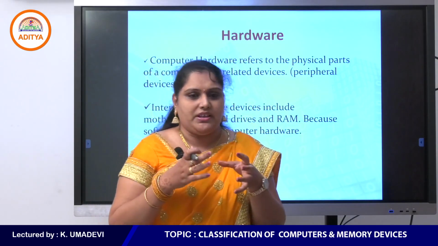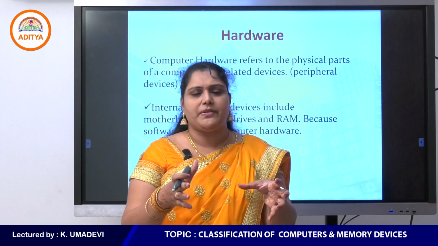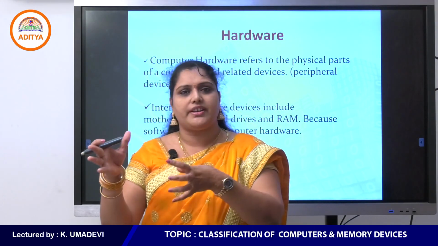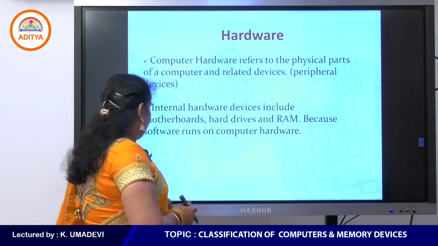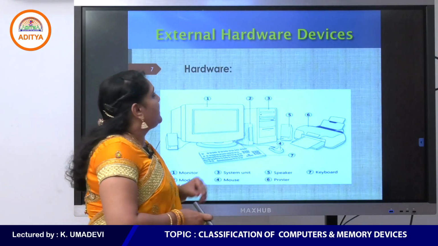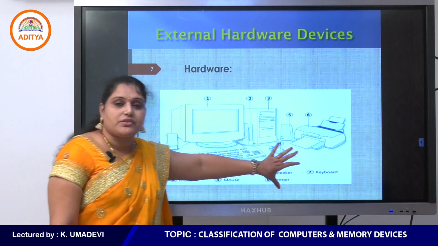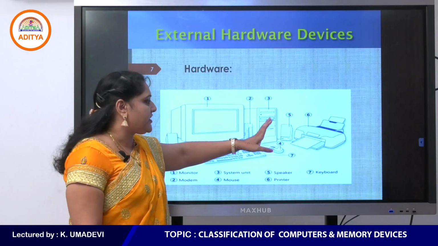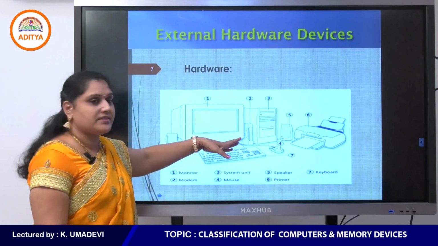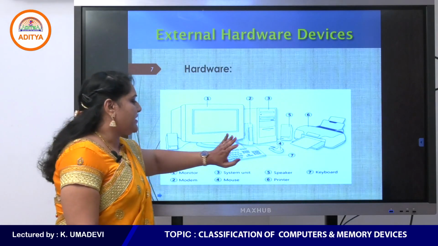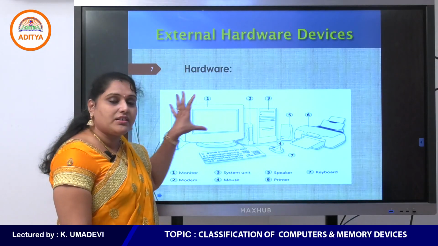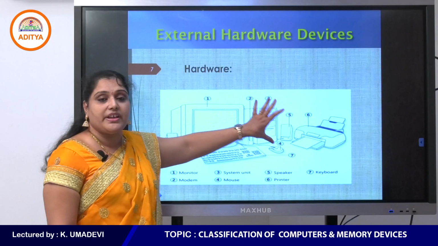And we have many types of hardware components for the system, that is internal hardware devices and external hardware devices. The external hardware devices are like monitor, system unit which is called CPU, speakers, printer, scanners, keyboard, mouse, etc.